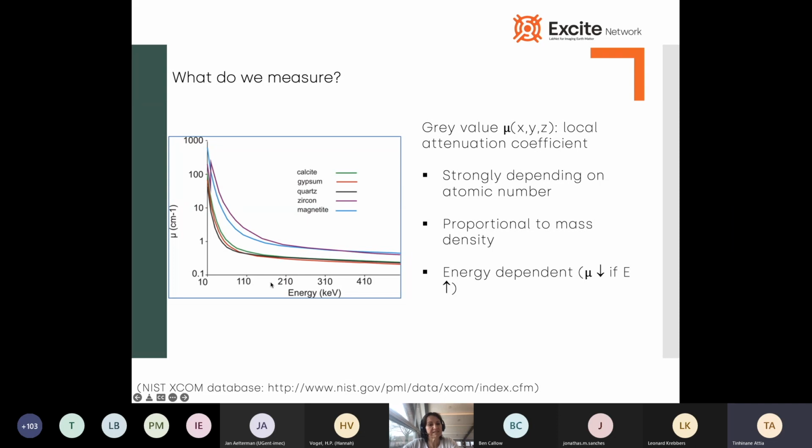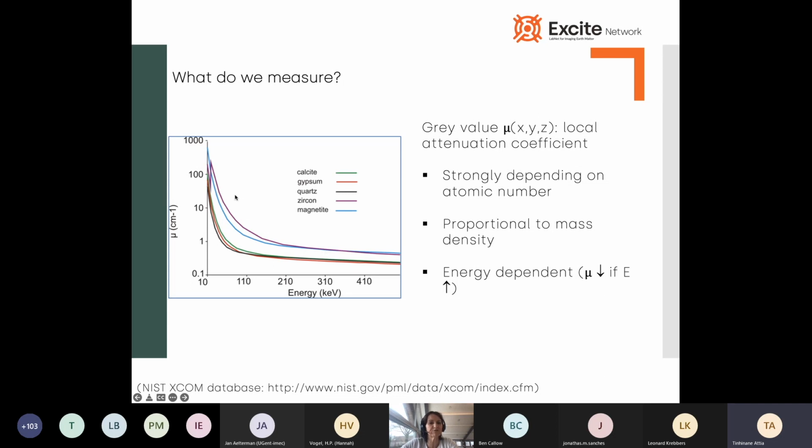Important to mention here is that if you go to higher energies, assume here at 300 kilo electron volt, you see that you cannot distinguish between the zircon and the magnetite just based on the theoretical attenuation coefficient. So this is important to know. So this is also why acquisition is very important.